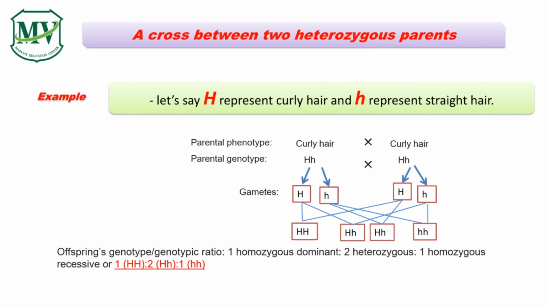Then basically the genotype ratio of the cross is 1:2:1, which is what you expect for a typical monohybrid cross. While when we look at the phenotype, its phenotype ratio is 3:1, which shows that 3 among the possible offspring will have a phenotype of curly hair, while the other one will have a phenotype of straight hair.